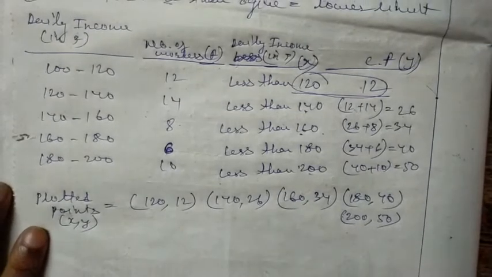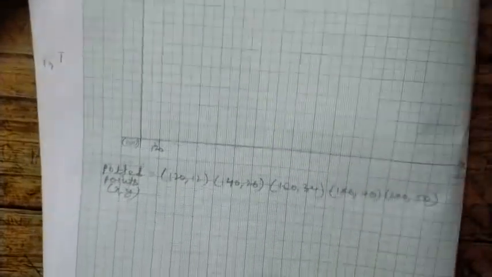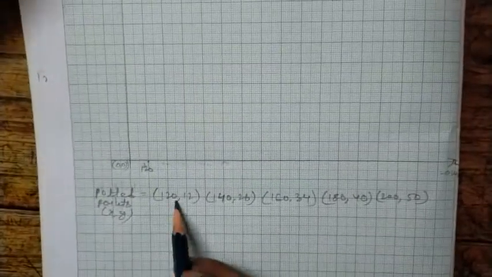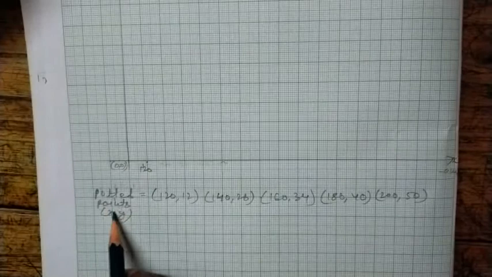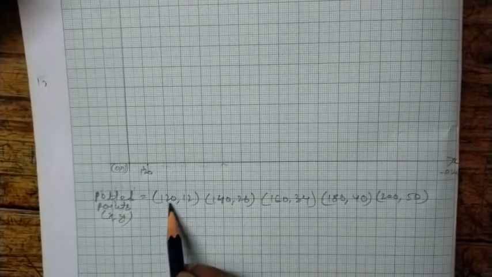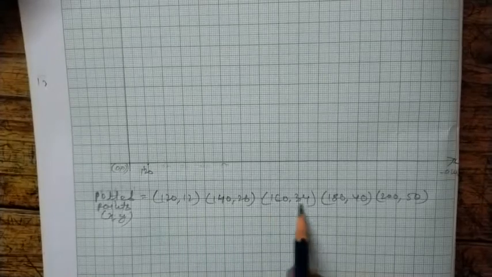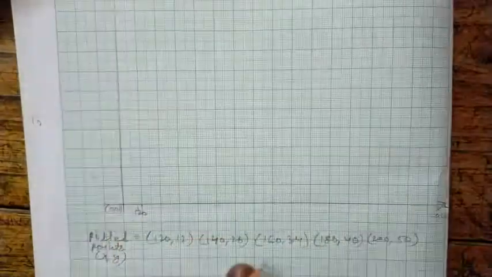The plotted points we have already calculated, 120 and 12. These plotted points we have to plot on a graph paper.